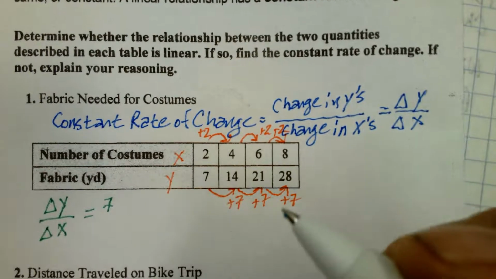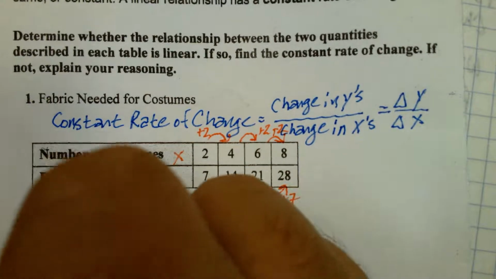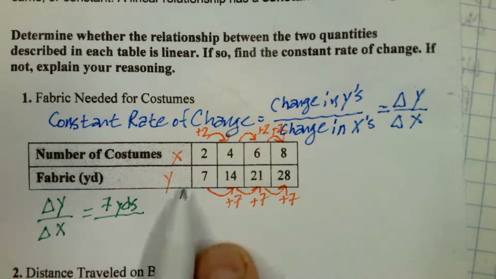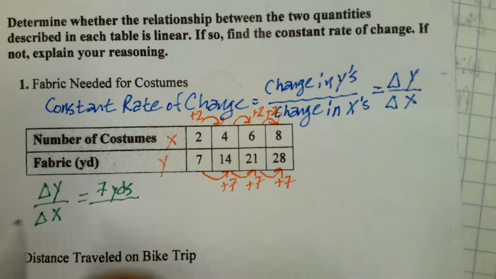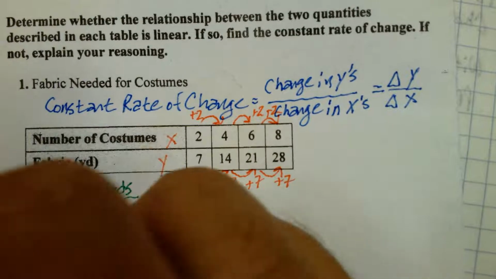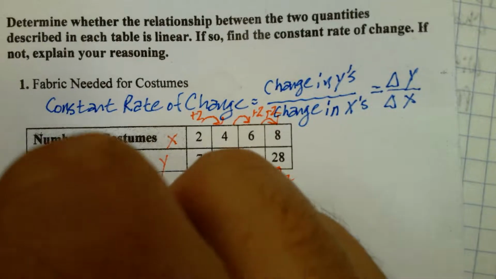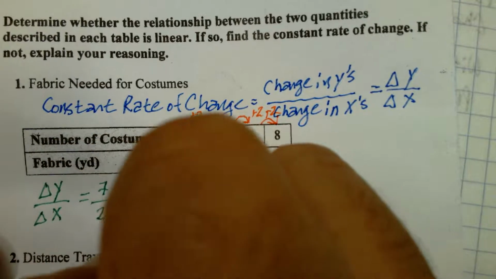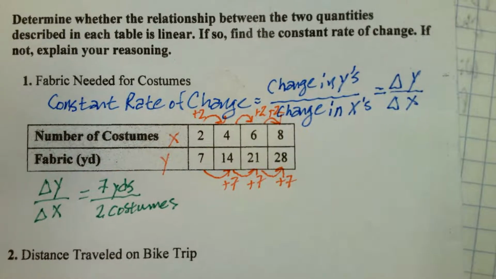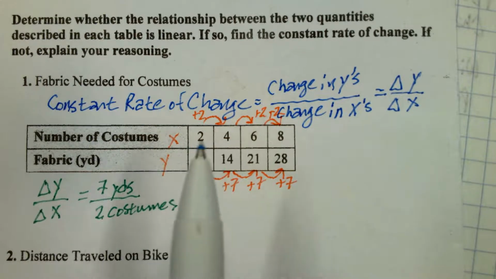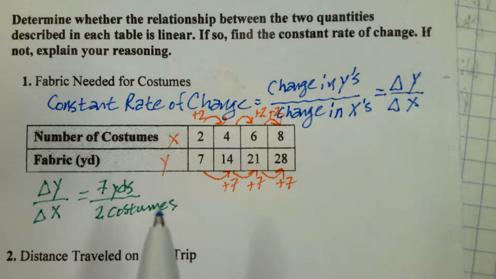So that's 7 yards for every how many costumes? 2 costumes, because the change in x was 2. And that's the part we have to get better at, I think. Putting it into context. What were we measuring on y? Yards of material.